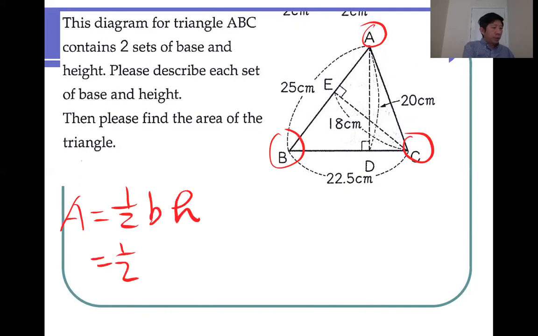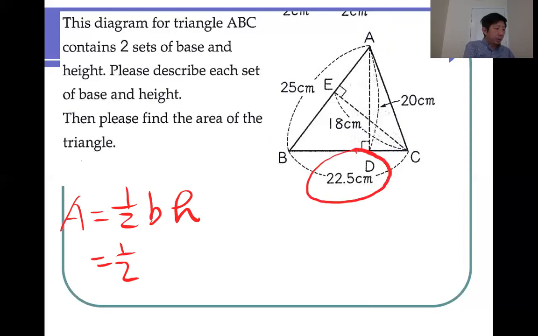What's our base? We can use 22.5 as our base.